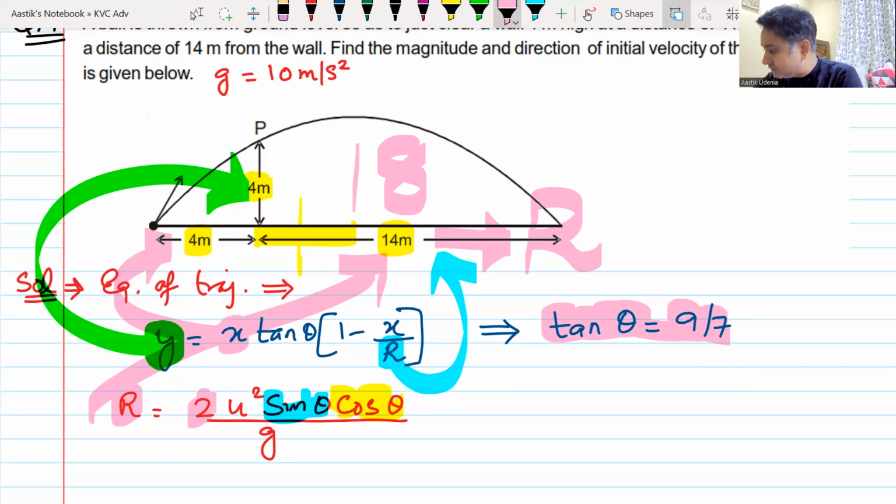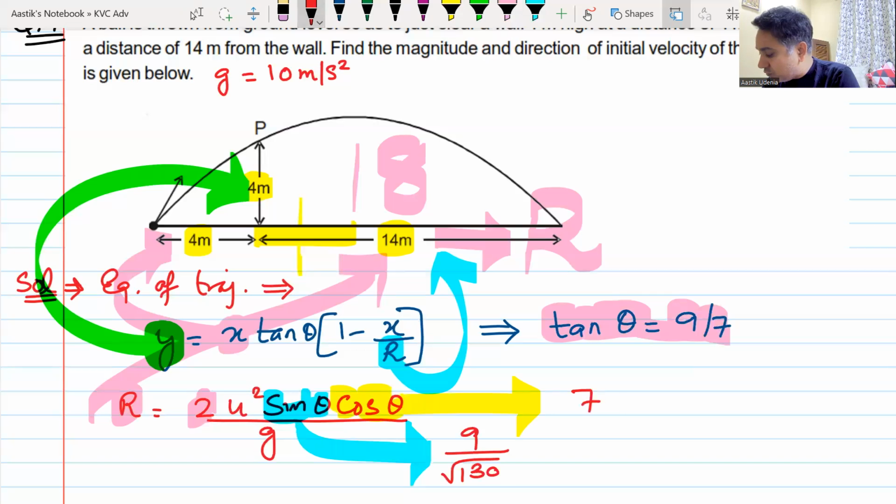I think the value of sine theta is coming as 9 by root 130, and the value of cos theta is coming as 7 by root 130. Yes or no? You can do it, sir.